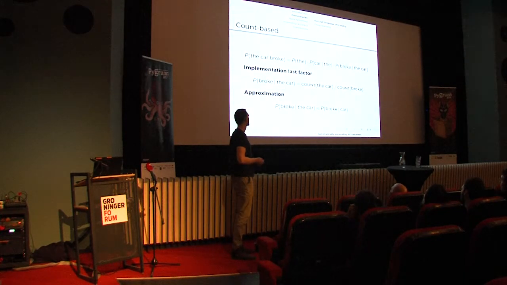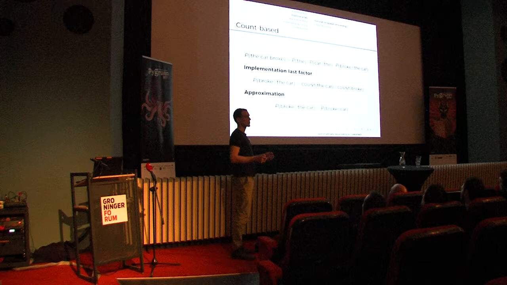The car broke. The probability for this sentence is the probability of the word "the", followed by the probability of the word "car" given "the", and the probability for "broke", where you have already seen "the car". And you can implement that by just keeping all counts.